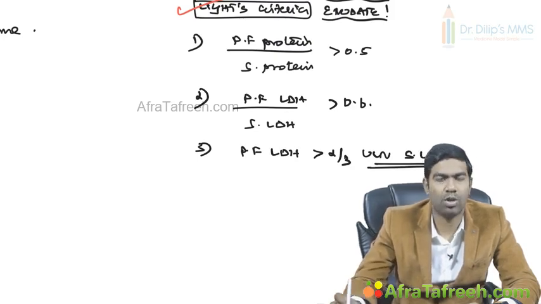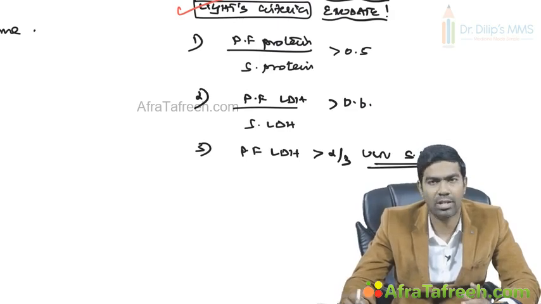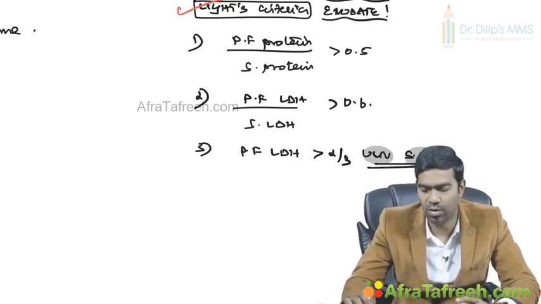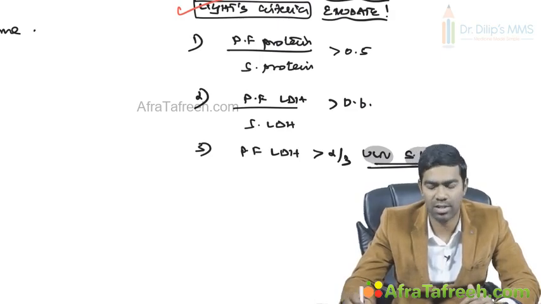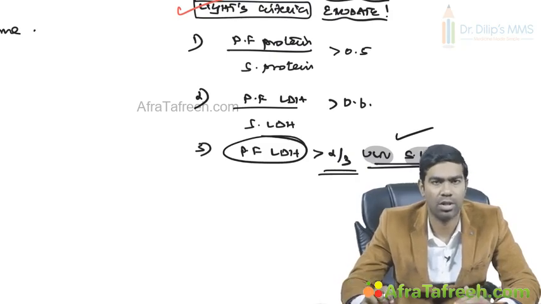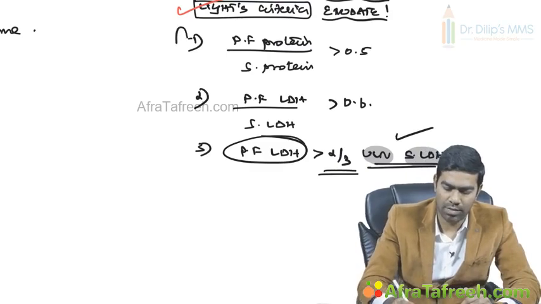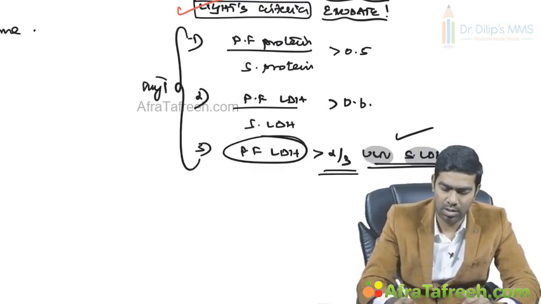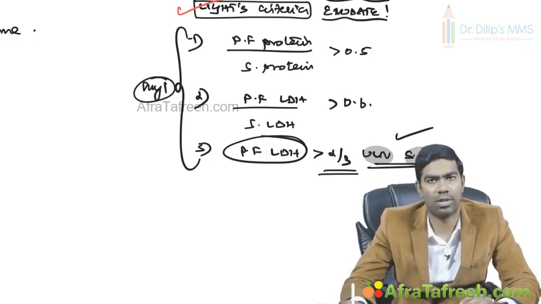In this case, you need not do a serum LDH separately. Just ask your laboratory for the upper limit of normal for serum LDH. They will have a reference range, and you compare the pleural fluid LDH. If it's more than that, then definitely you can call it an exudate. Remember, you do not need all 3. If any one is there, you can call it an exudate.